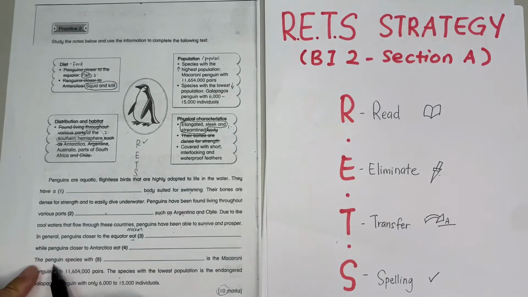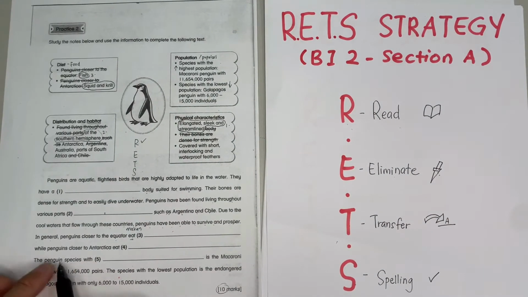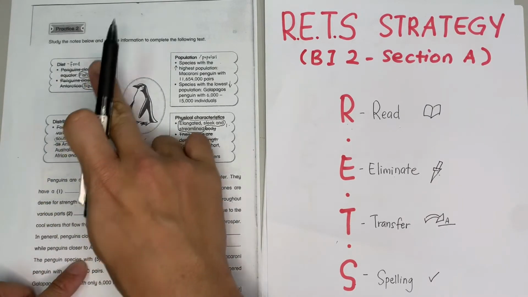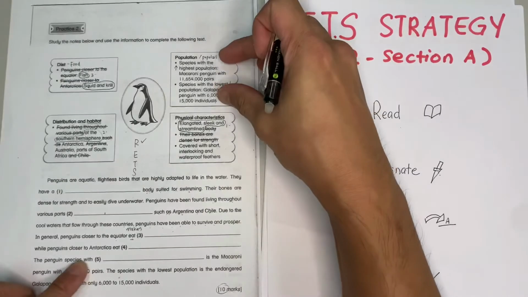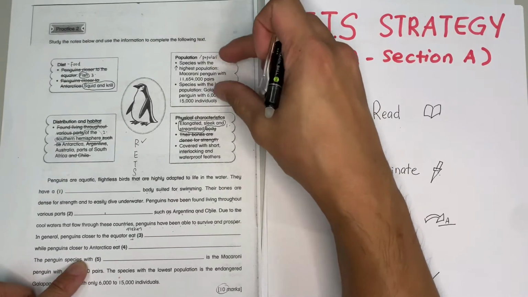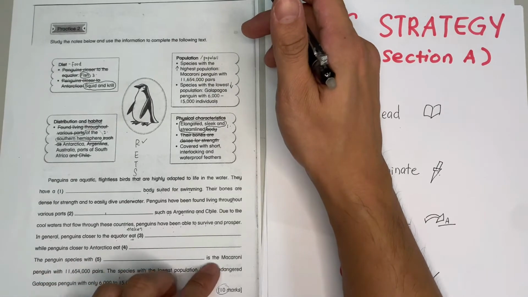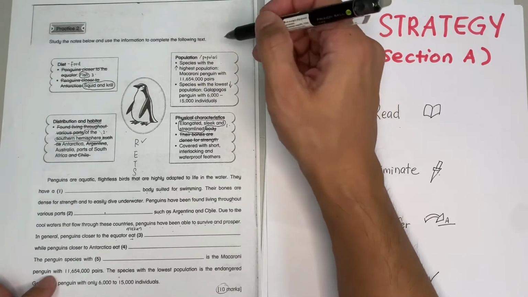Next, the penguin species with... okay, we have done this box. So now we are going to focus on the species, which is box number 2. The penguin species with blank is the macaroni penguin.